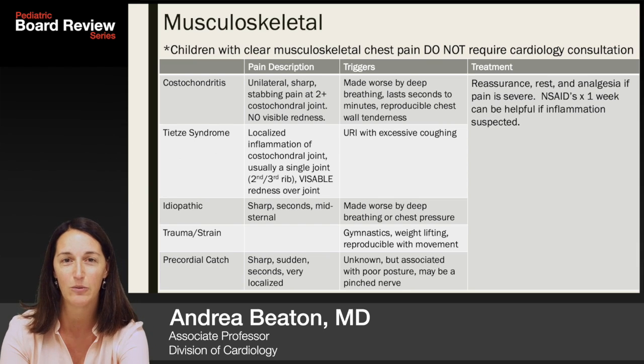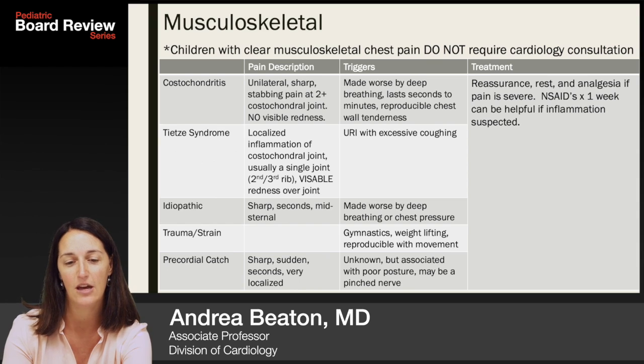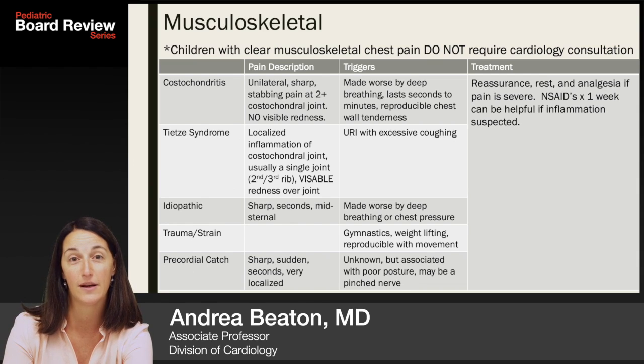The history that will tip you off is usually a recent upper respiratory infection with excessive coughing. This is not commonly seen in the real world, but it likes to come up on exams because of that visible redness.